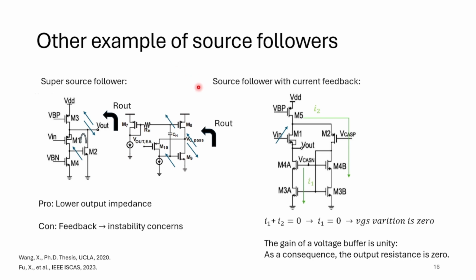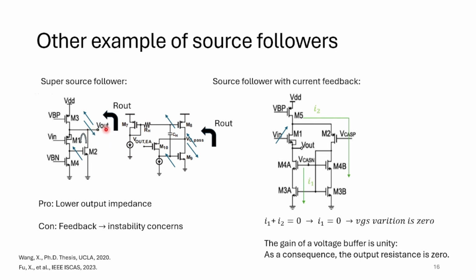There are other examples of source followers. For example, the super source follower has been introduced in papers. We know an ideal voltage buffer is equal to a voltage buffer with zero output resistance.